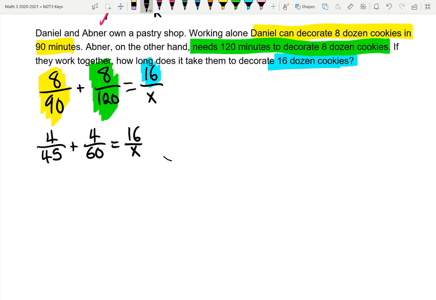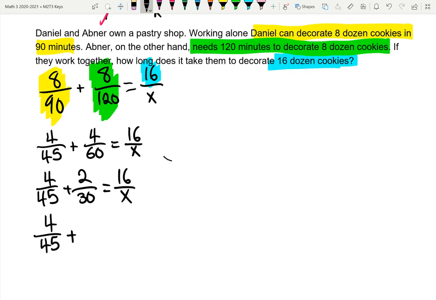And I'm going to reduce again. 4 over 45 is as good as it's going to get, but this is going to become 2 over 30 equals 16 over x. And I can reduce it one more time to get 1 over 15. All I'm doing is just repeatedly dividing by 2 on that middle term. They are equivalent fractions. This is completely legal.